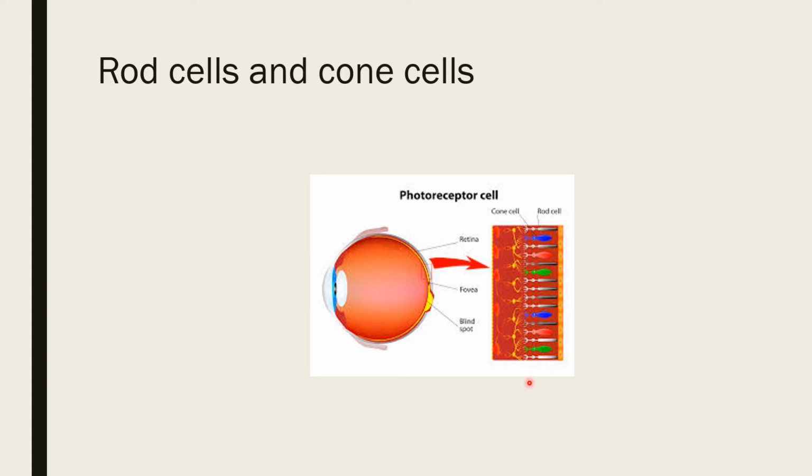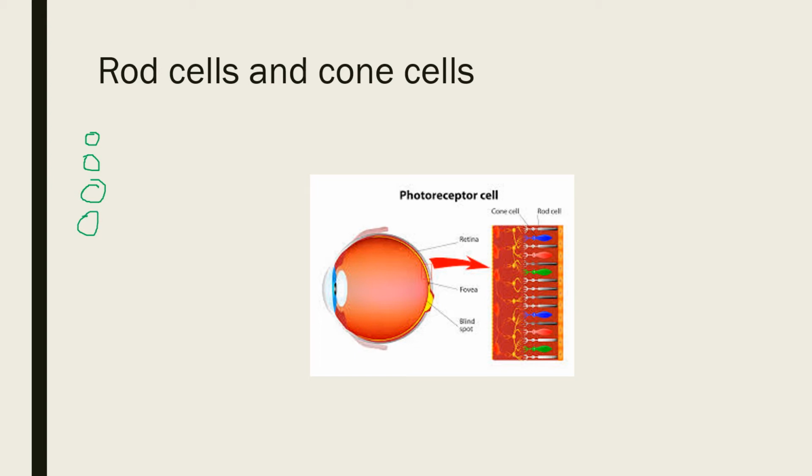I think I'll draw it instead, because I don't really like this diagram. It's good for the cone cells, not so much the rod cells. I'm going to draw circles because we all know that I can't draw. You have many, many rod cells.